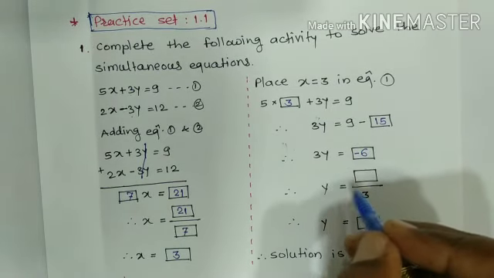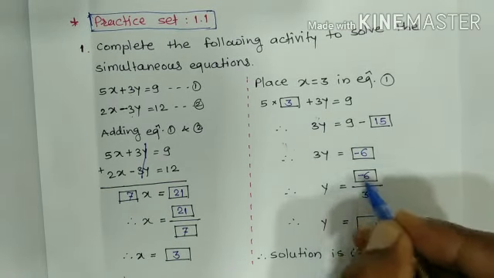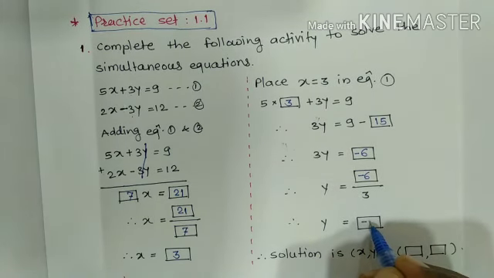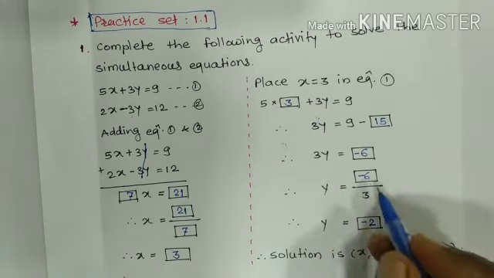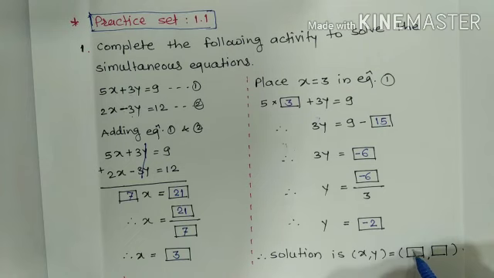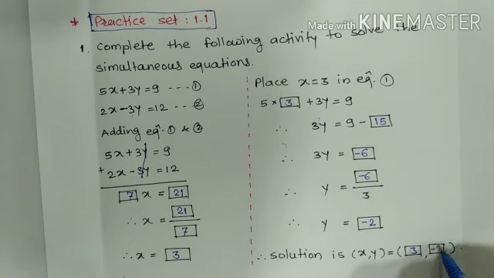Then y equals minus 6 upon 3, and therefore y equals, 3 twos are 6, and the sign is minus. That's why the solution of this equation is x comma y is 3 comma minus 2.